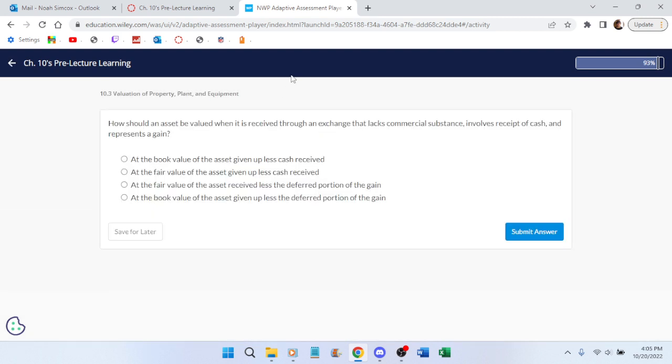How should an asset be valued when it is received through an exchange that lacks commercial substance, involves receipt of cash, and represents a gain?